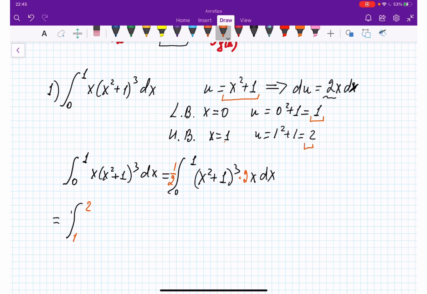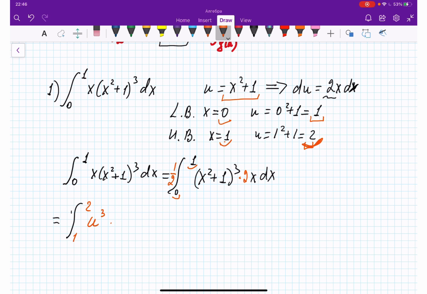Because x is 0, u is 1, we replaced it, and x is 1, u is 2, we replaced it. Okay? And we are going to get u cubed du. I'm changing color so you will see those are new changes.